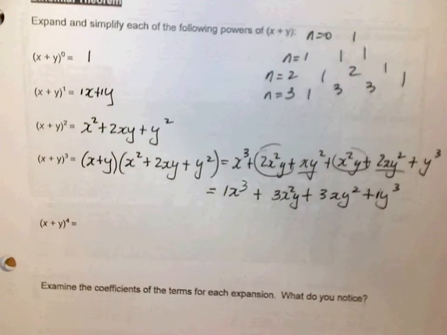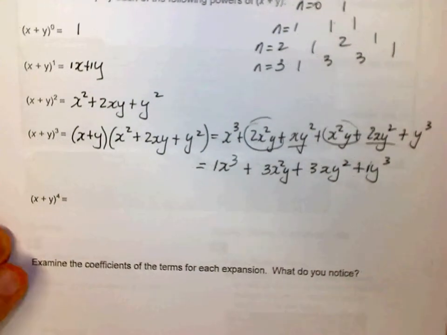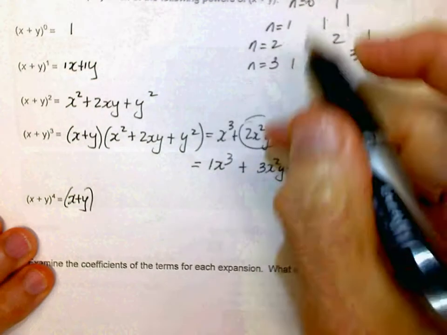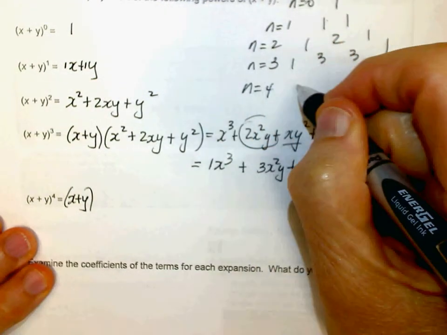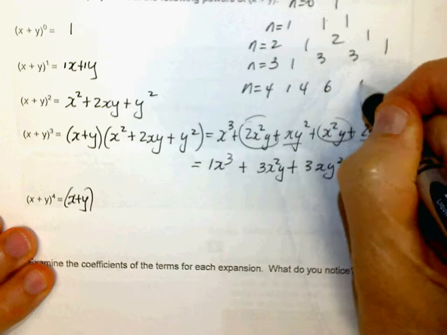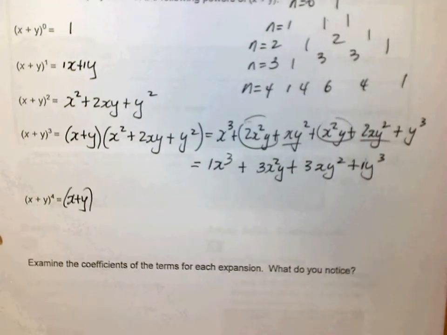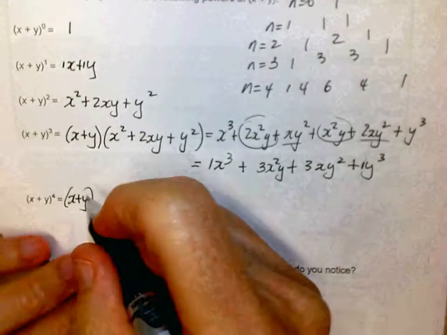Okay, let's now do x plus y to the 4. We'll multiply it out, and we'll see if we get the n equals 4 row. 1, 4, 6, 4, 1. What do you think? Do you think that's going to happen? Let's find out. Okay, let's actually multiply.